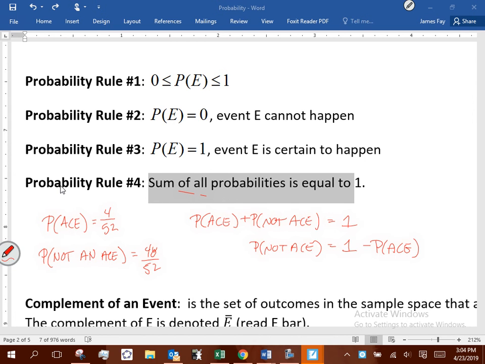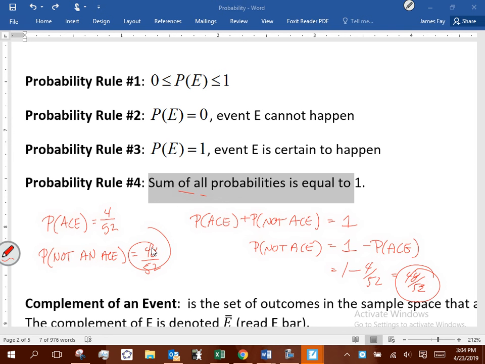So if I want to find the probability of not an ace, and I want to be lazy about it, I don't want to go through and count all 48 things, can I say the probability of not an ace is equal to 1 minus the probability of an ace? 1, is that 52 over 52? What's 52 over 52 minus 4 over 52? 48 over 52. Is that the same thing as what we knew there by looking at our sample space?